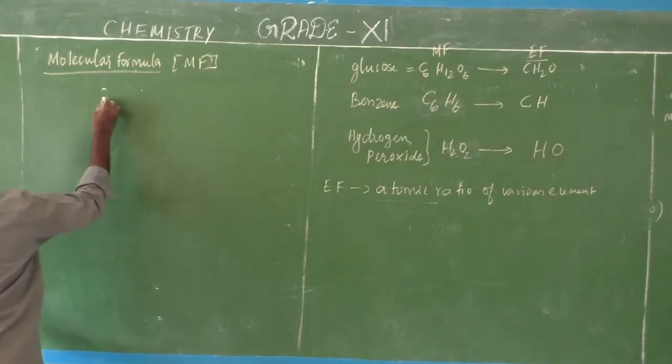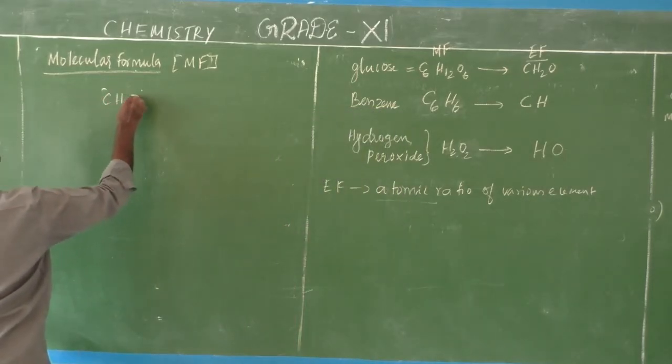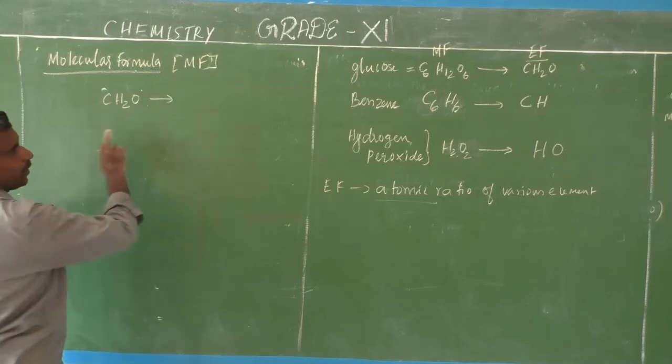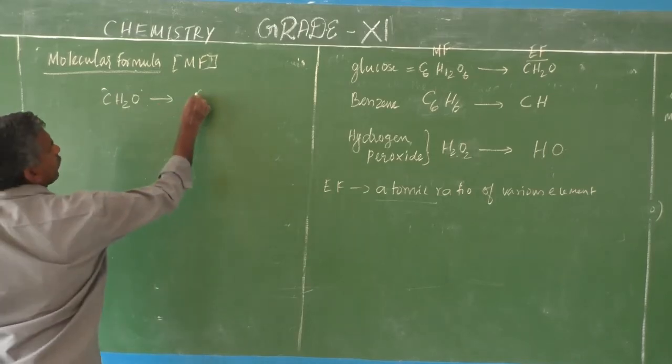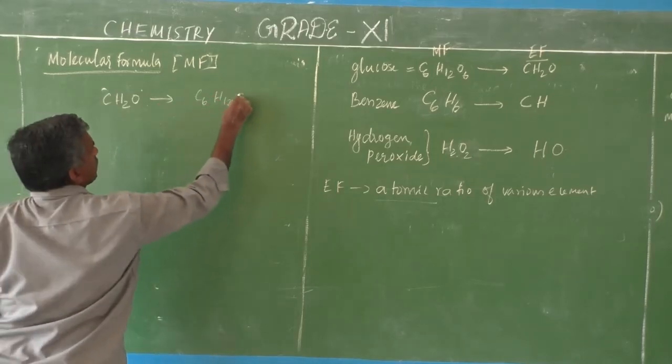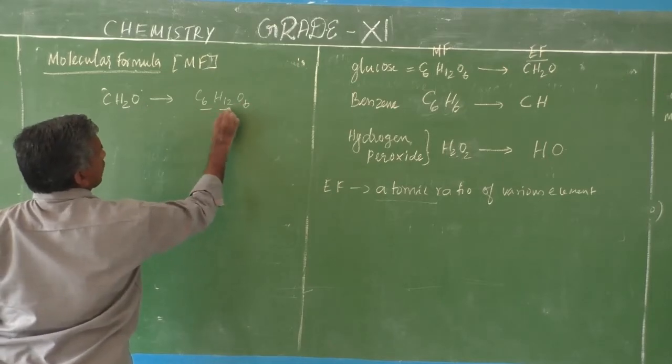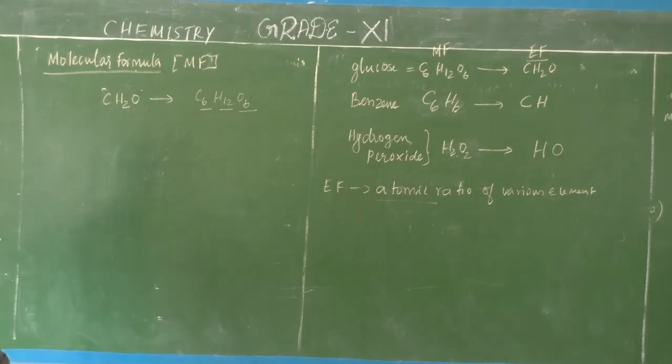Example: glucose. The empirical formula is CH2O. But the molecular formula gives the exact number of atoms: 6 carbon, 12 hydrogen, 6 oxygen.